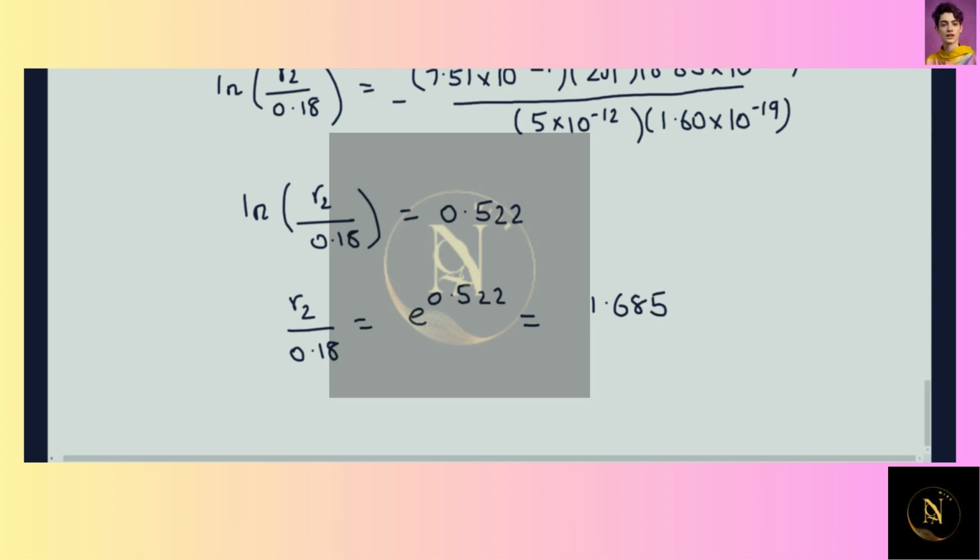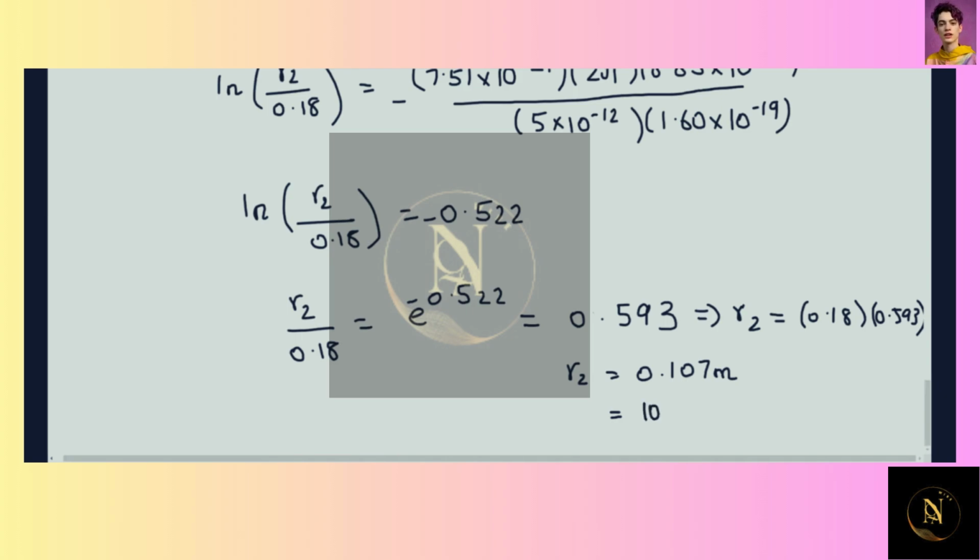Sorry, I missed a negative sign over here, so there's a negative sign, and this instead evaluates to 0.593, and we can go ahead and cross multiply to get R2 is equal to 0.18 times 0.593, and that gives us R2 is equal to 0.107 meters, or 10.7 centimeters. And that is our required answer for the last part.